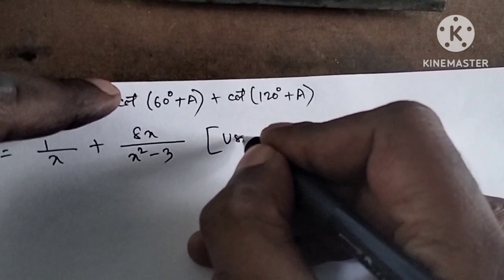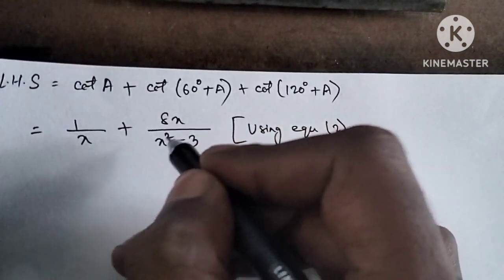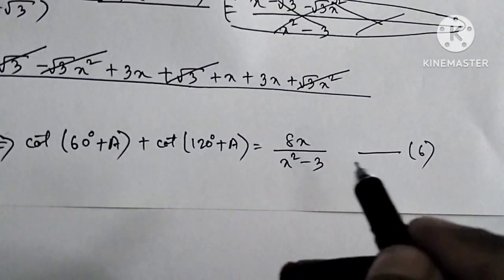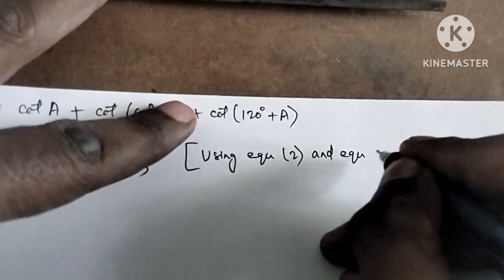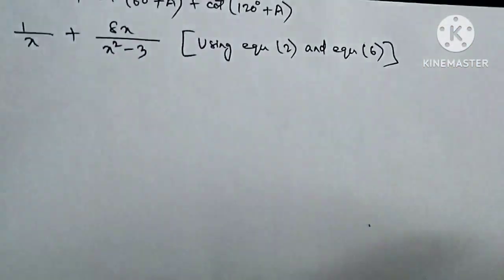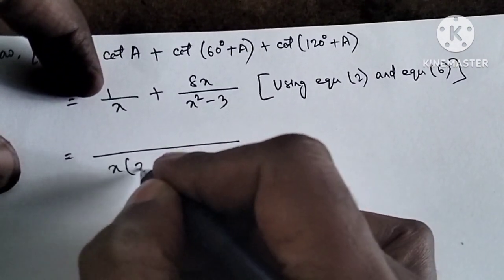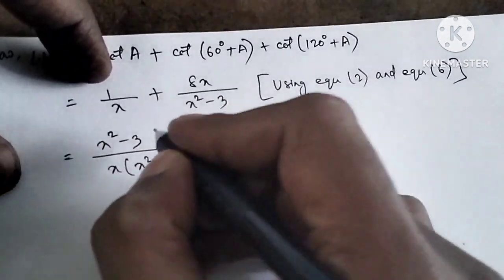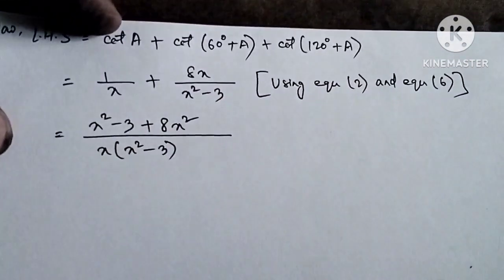Here you have to write using equation, this value we got using equation 2, and this value we got using equation 6, right? So now LCM will be x into x square minus 3. So x square minus 3 plus 8x into x, that is x square, right?